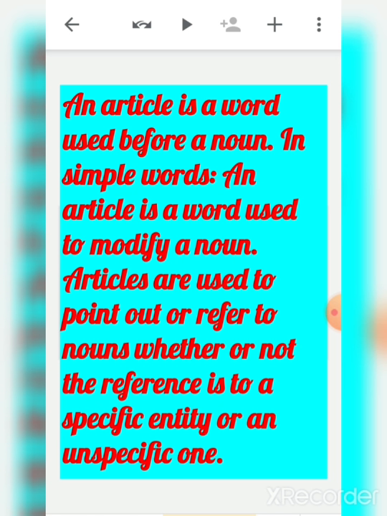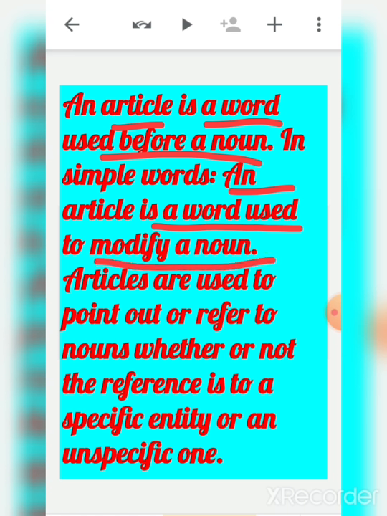Okay, so what is an article? An article is a word used before a noun. What is a noun? A noun is the name of a person, place, animal, or thing, right? In simple words, an article is a word used to modify a noun.